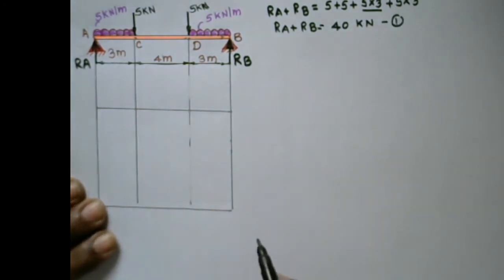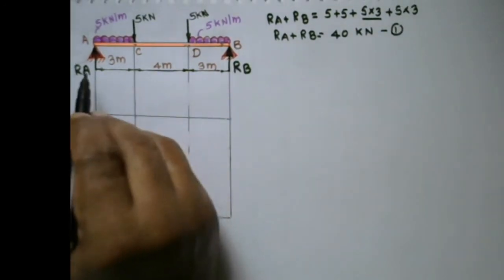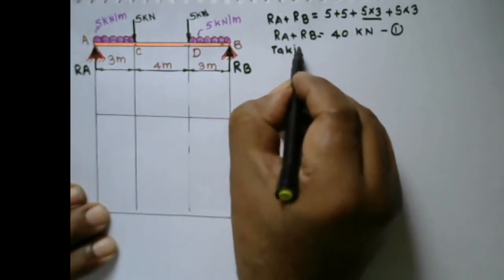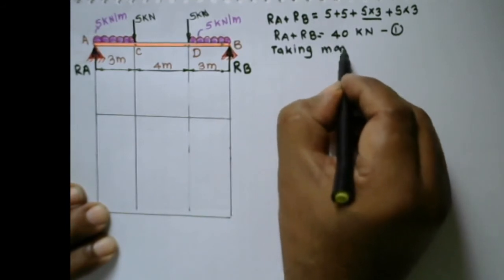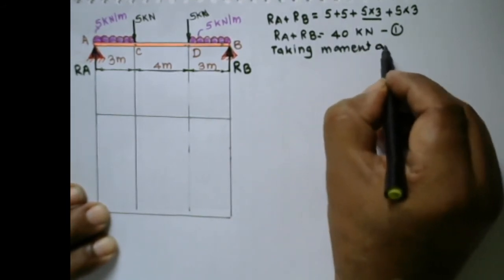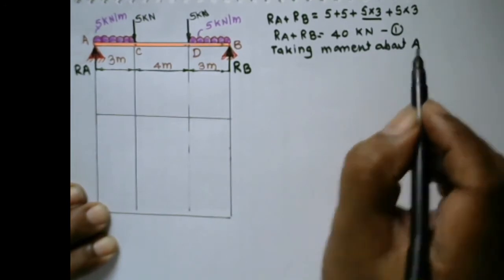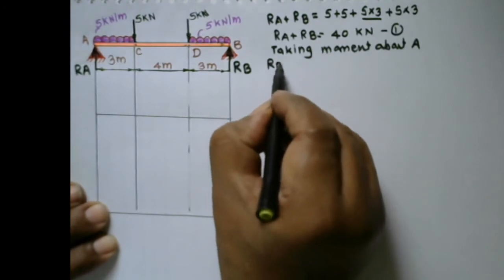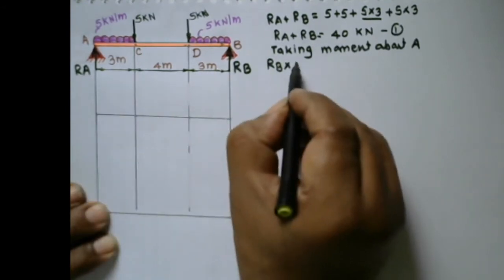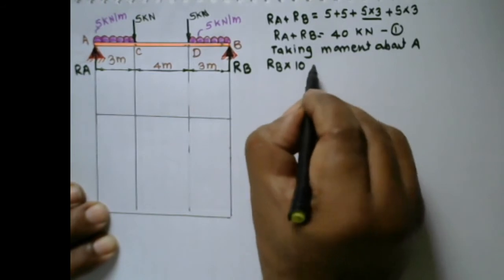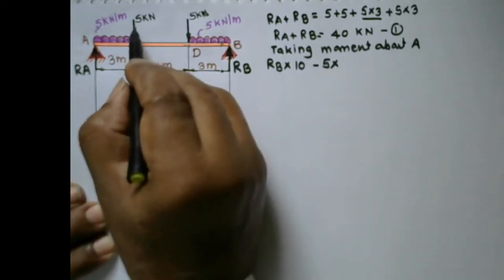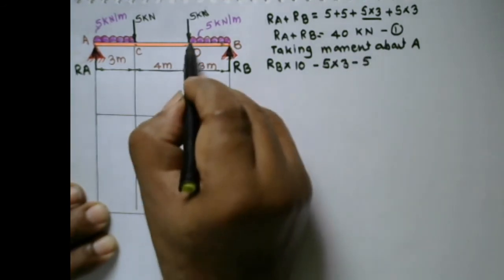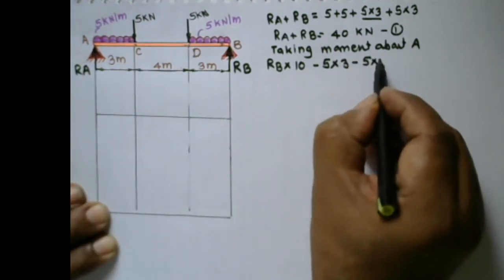Now to calculate the reactions RA and RB, you have to take the moments about point A or about point B. In that case, I am taking the moments about point A, which means I am calculating the moments from the B to A side. So RB into its distance 10, minus the first point load 5 into its distance 3, minus the second point load 5 into its distance 7.